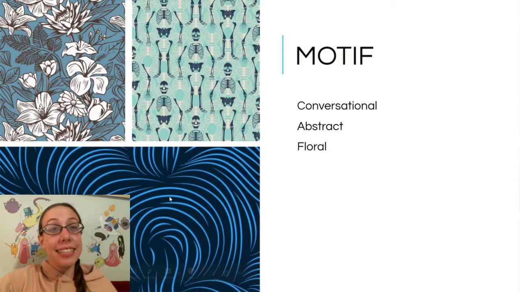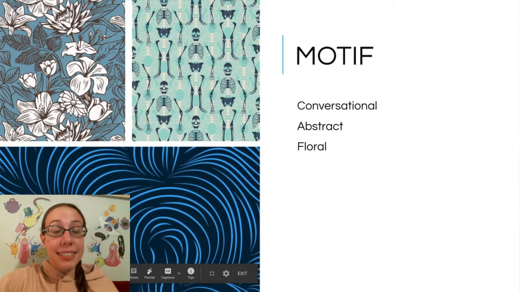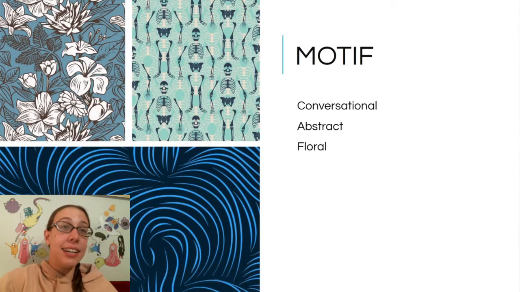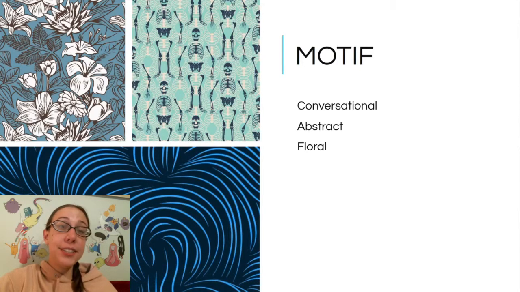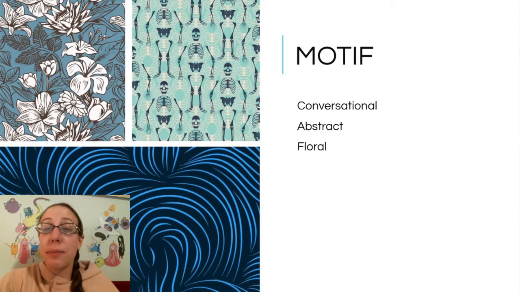And I think that abstract sometimes is the hardest textile design to do, to make a really good abstract pattern that's balanced. So I always really appreciate abstract. And then florals. Florals, although they are a recognizable object, like conversationals are, are their own category because they are so incredibly ubiquitous in textile design.